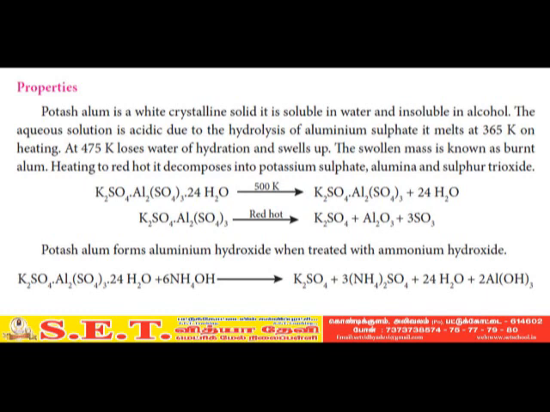Its equation: K2SO4 Al2(SO4)3 24H2O at 500 Kelvin gives potassium sulfate and aluminum sulfate plus water, and then in a red hot situation it gives K2SO4 and Al2O3 plus 3SO3.